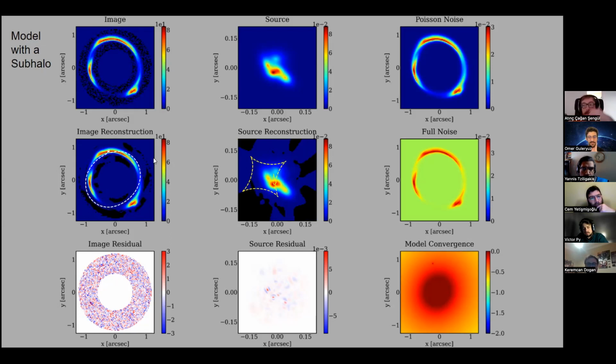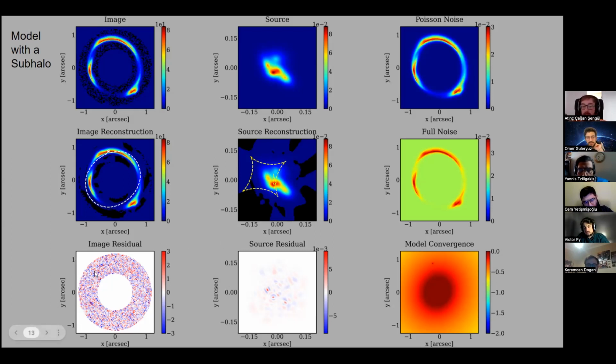All those properties are allowed to change however you like. Now I try to reconstruct the data from this new model, which includes the main lens and the subhalo. And here you can see the model convergence, that there's a small bump here, as opposed to the big main lens here.